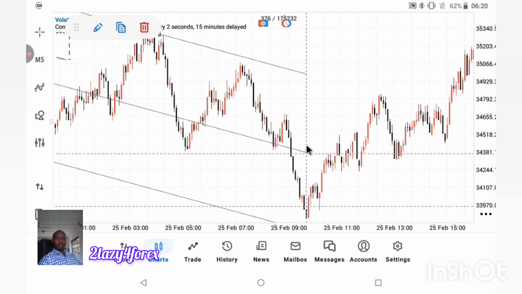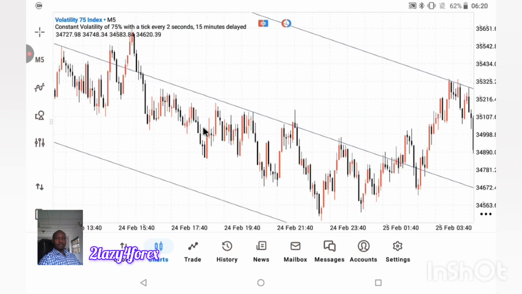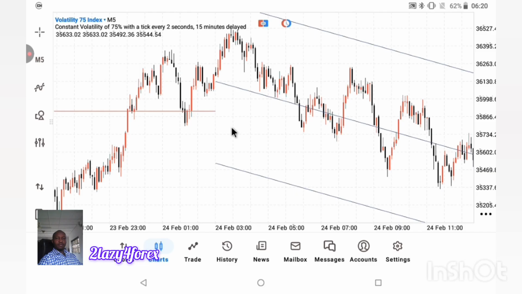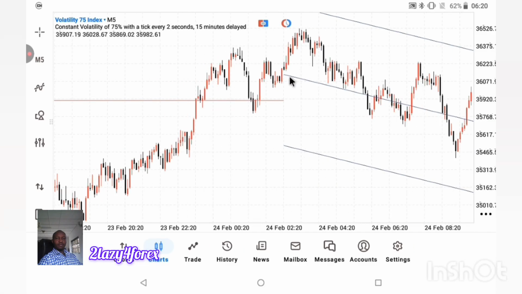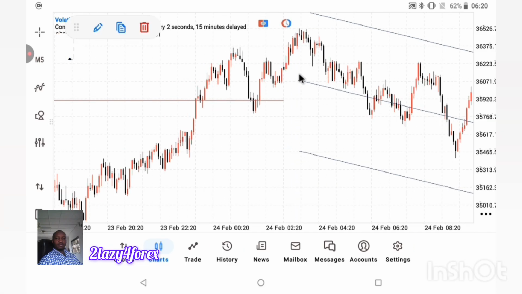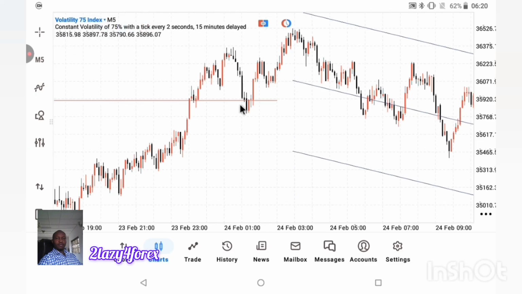Make sure it is on the last candle. This black is the lowest candle. That's the candle that has the lowest wick and the candle that has the highest wick. See, this black is the candle with the highest wick. That is your highest candle.